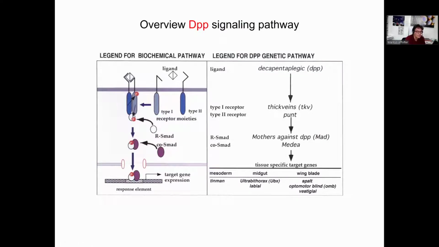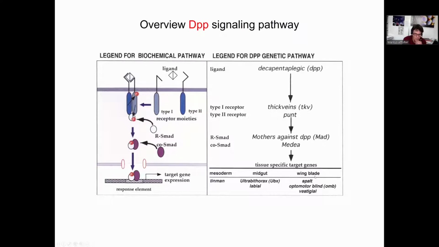So again, DPP, Thickveins, and Punt as the receptors. Mothers against DPP is the mediator, MAD, which is phosphorylated by these receptors, goes with Medea into the nucleus and regulates tissue-specific target genes. So different genes in the gut. We'll talk about gut genes in the morning.